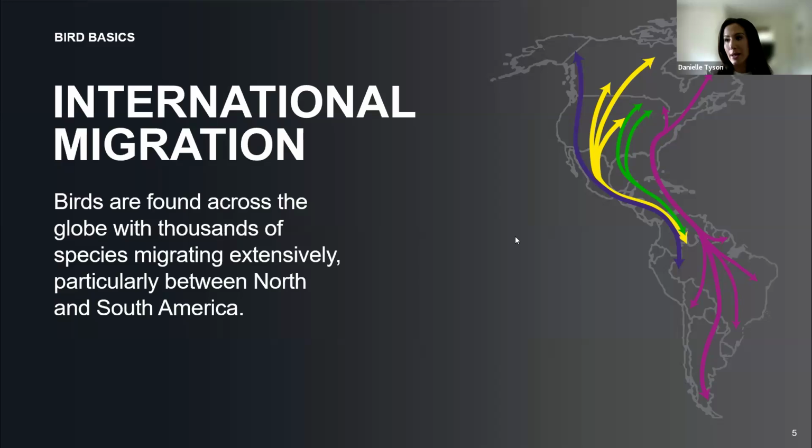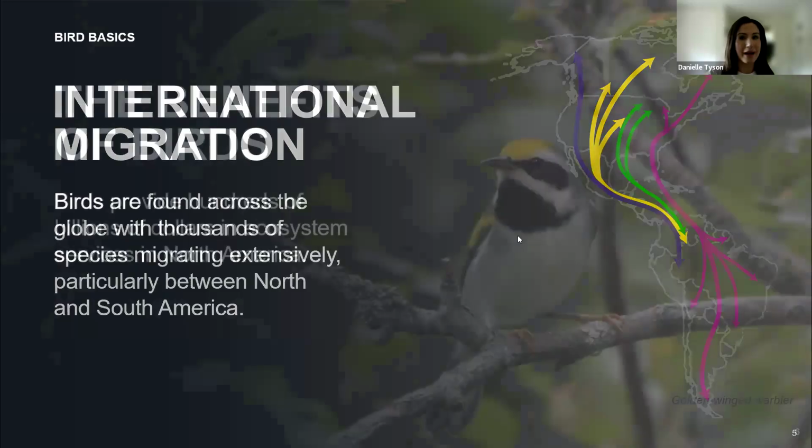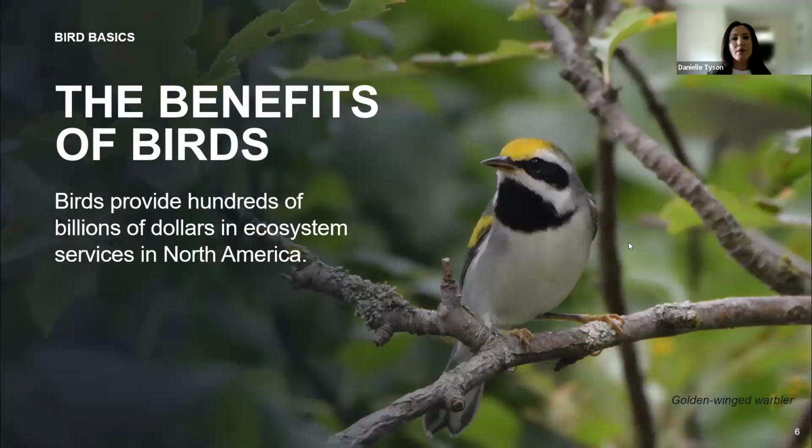So let's talk about why birds matter to us from a few different perspectives. They provide hundreds of billions of dollars in ecosystem services in North America. They play prominent roles in religion or art. There's some cultural significance with birds. And some of the things that they do are they cycle nutrients. They contribute to soil formation.